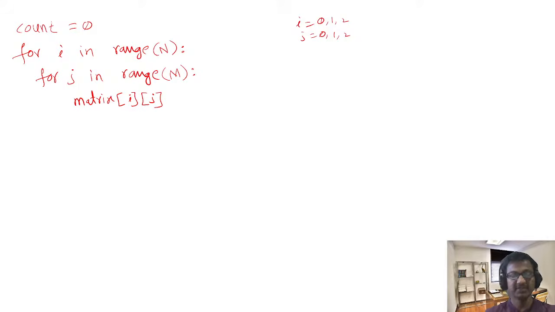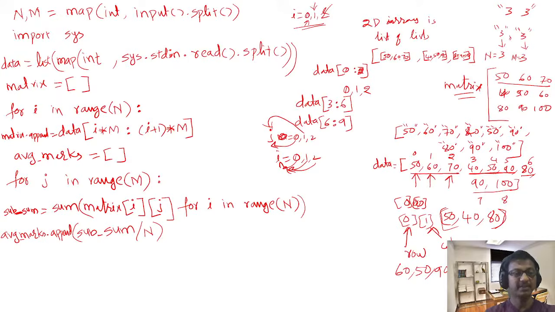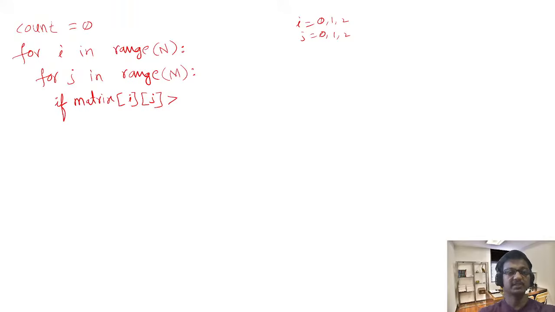The condition we need to check is if matrix of ij is greater than average marks. We stored average marks of the subjects as a list. The first element is subject 1 average marks, the second element is subject 2, and the next element is subject 3 average marks. So how can we access the element in the list?